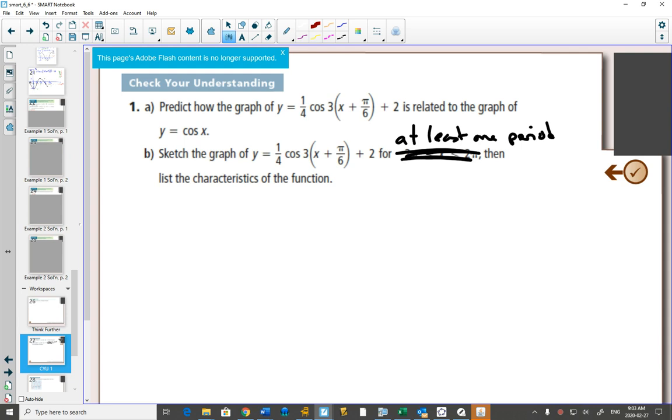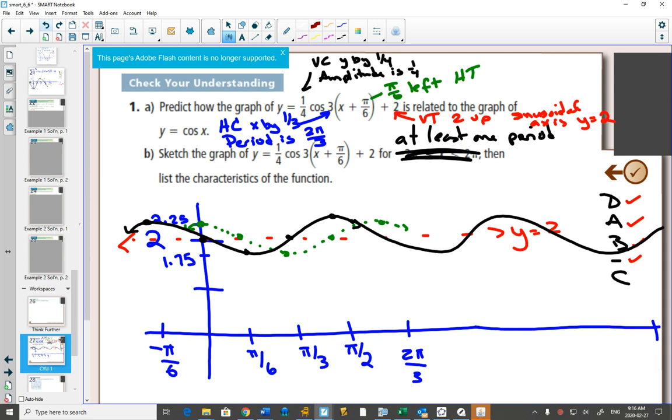And then you would continue this until you end it right here at 2 pi. And you'd have to do the same thing on the other side until negative 2 pi.